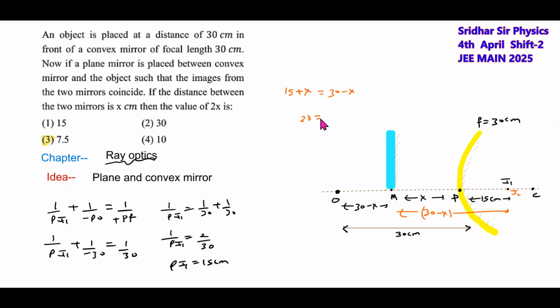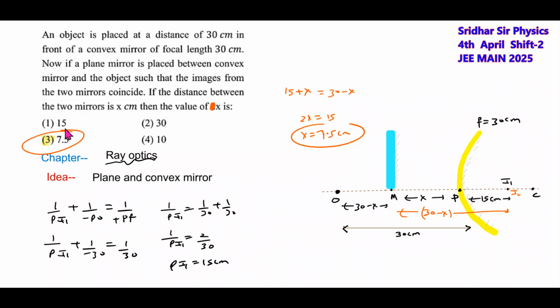So 2x equals 15, x equals 7.5 centimeter. The diagram should be like this. Only half of the plane mirror should be there, it should not be a full plane mirror. The value of x should be 7.5 centimeter.